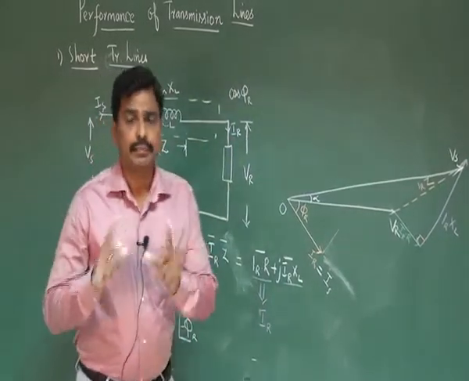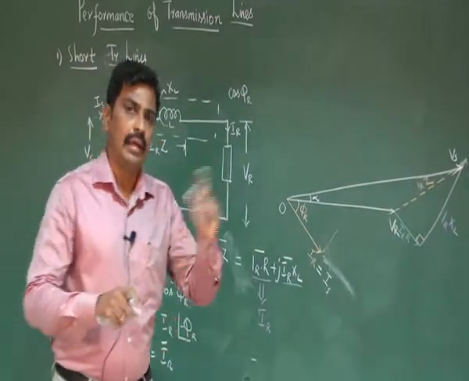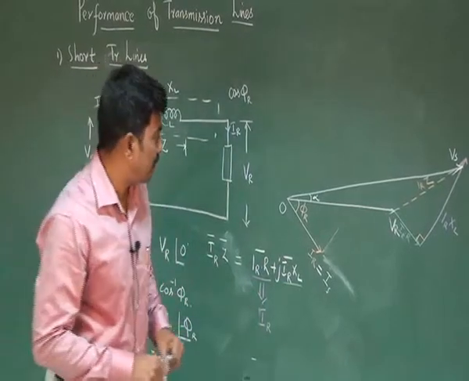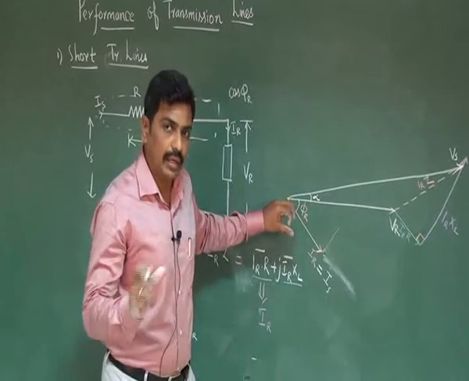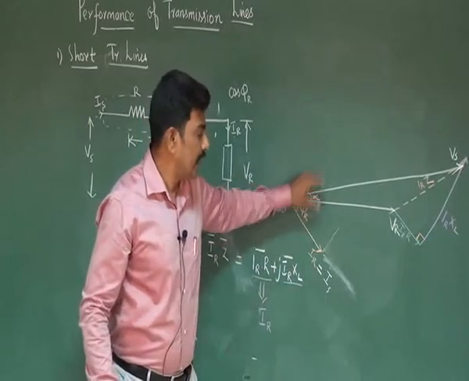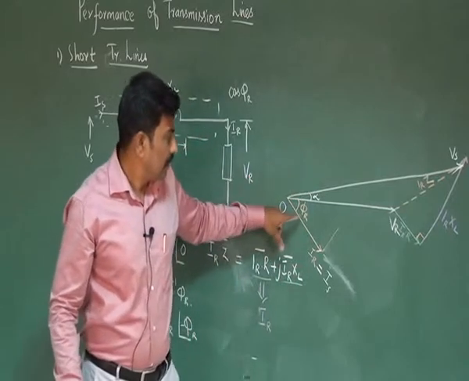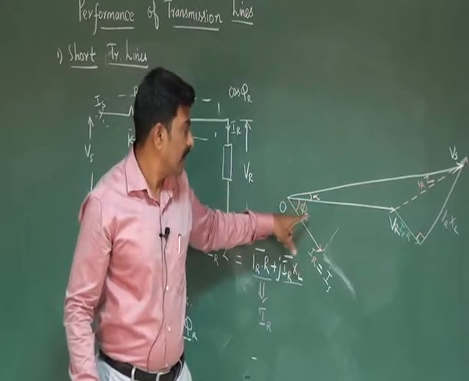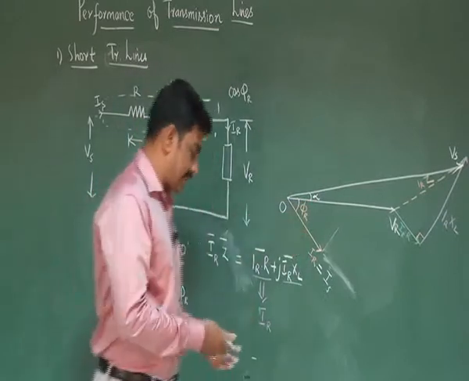The power factor angle is actually the angle between voltage and current. If you want to find the sending end power factor angle, we need to know the angle value of the sending end voltage and sending end current. If you look at the vector diagram, you can easily determine the angles phi r and alpha. If you combine these two values, you will get the sending end power factor angle phi s.